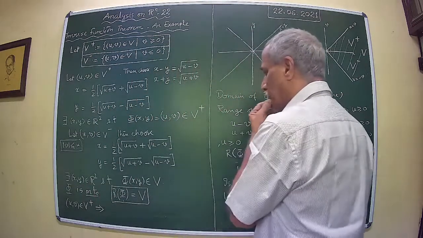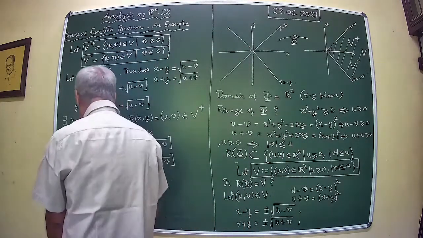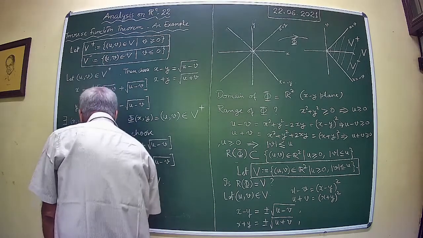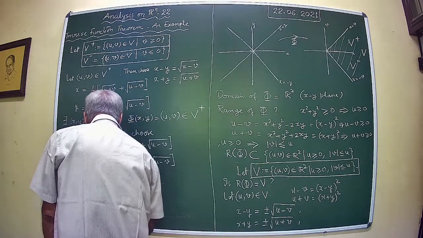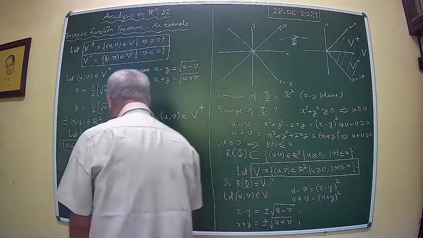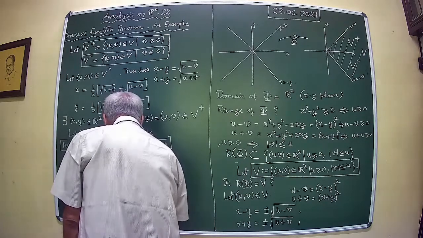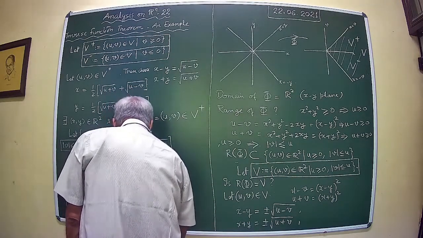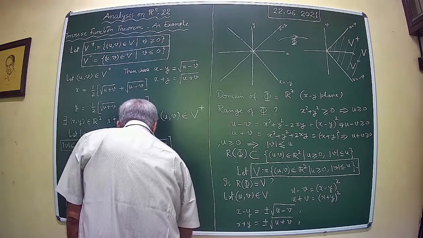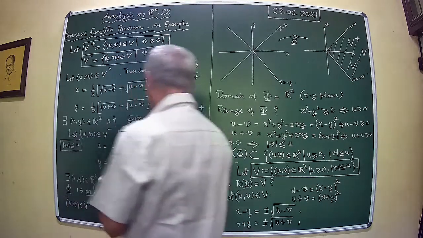Therefore (u, v) belongs to V plus implies first quadrant.